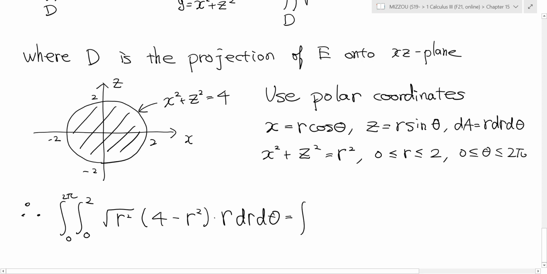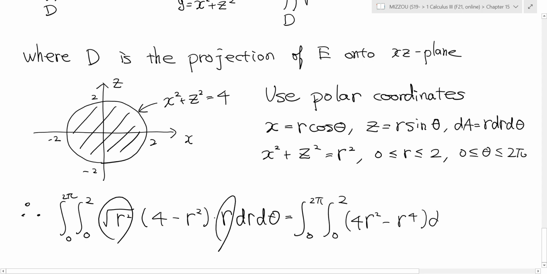And root r squared is r, and then you have r, so you get r squared, and if you distribute it inside the parentheses, this is 4r squared minus r to the power 4, dr d theta. Once you get to this, everything is mechanical, and you are supposed to get 128 over 15 times pi. Okay, so that's the final answer.